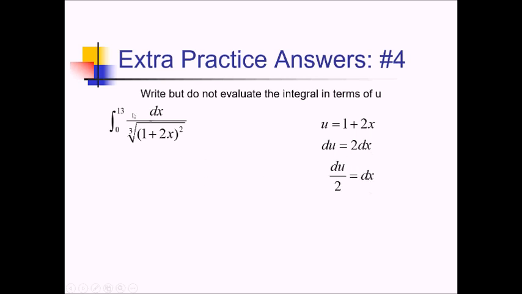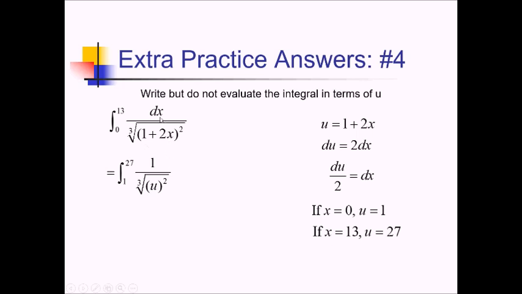We also have to convert these x values for our limits of integration to u values. So if x is 0, then u is going to be 1 plus 2 times 0, so 1 plus 0, or just 1. And if x is 13, now we have u equaling 1 plus 2 times 13, or 27. Plugging all this back in, we've got the integral from 1 to 27, and now we have dx over the cube root of u squared.